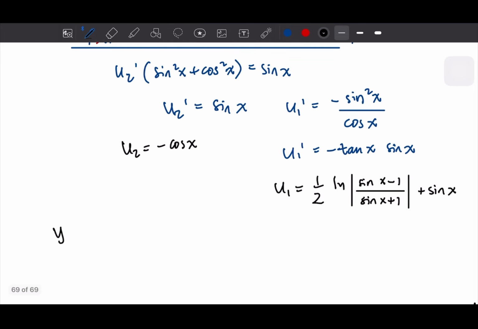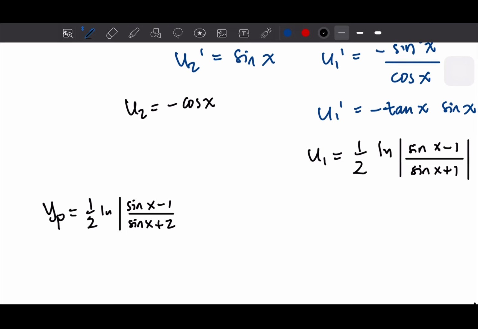So yp is all these combinations. So yp is u1 y1 plus u2 y2. This is a really rough approach.